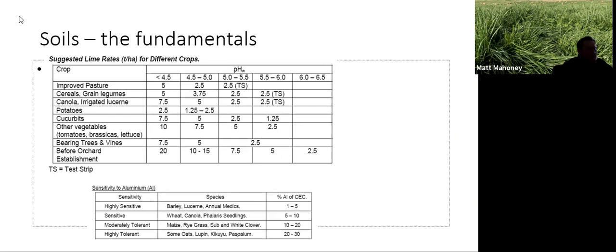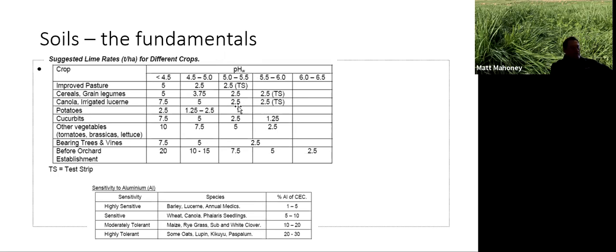And so generally we use tonnes of lime per hectare, and so I've just got some different lime rates here for different crops. But you can just get an appreciation for how much different crops require to improve pastures. A lot of the soils we'll be dealing with have pH done in water.